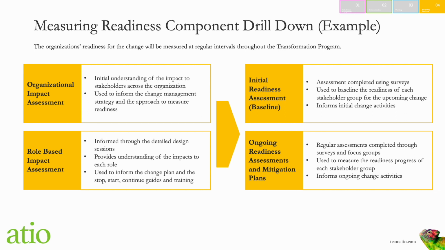For all these different drill down examples, what you're looking to do is to outline in an easy to digest format what you're planning to do in each of the areas or components of your change management strategy.